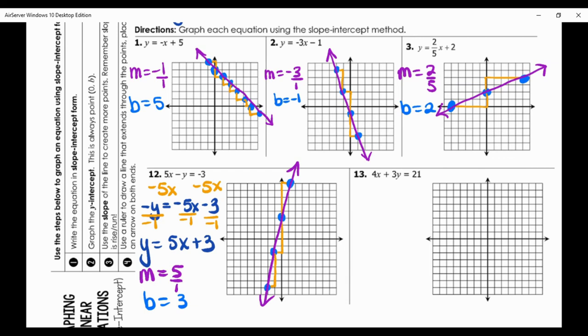Last one. First, we're going to solve this equation for y. And again, first we're going to add or subtract the x term. It's positive 4x, so we're going to subtract 4x from both sides. And then divide all three terms by 3.